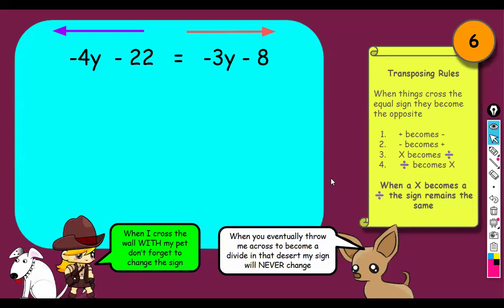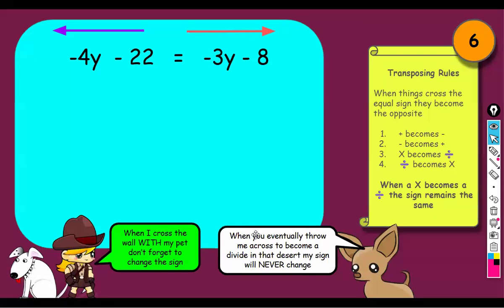First thing to do, label all the zombies, label all the pets, label all the humans. This is the house area, desert. The humans are the letter Y. The pets will be right next to the humans.